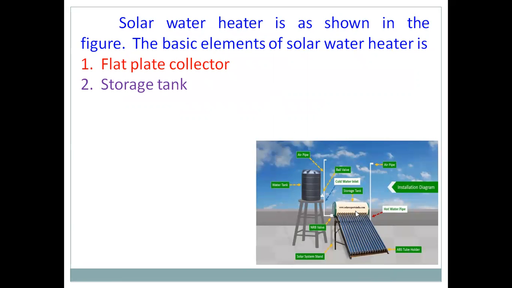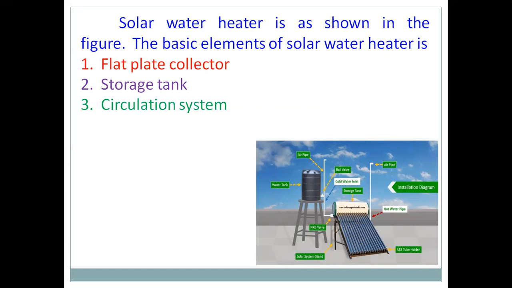When the hot water is kept in this tank for a longer time, its temperature does not decrease. Of course, this is not the storage tank for house purposes. This is only for the solar water heater purpose. This is the solar storage tank to keep the hot water.